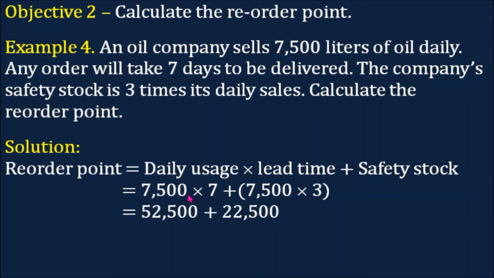Now 7,500 times 7 equals 52,500, while 7,500 times 3 equals 22,500. Adding 52,500 plus 22,500, that is equal to 75,000 liters. So this is our reorder point.